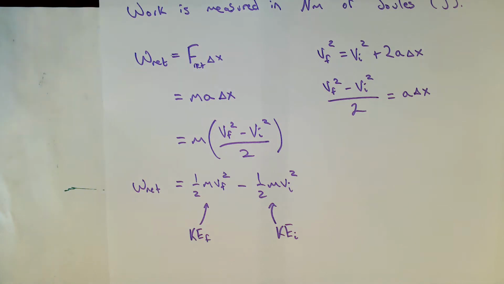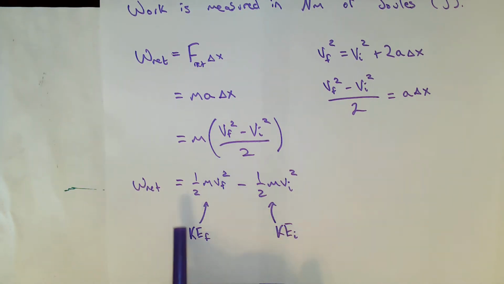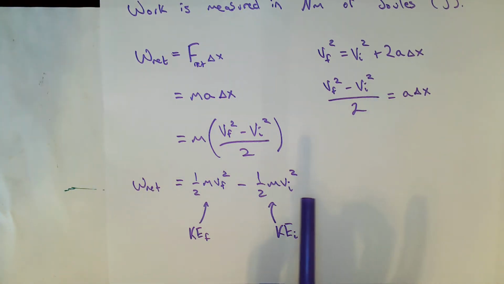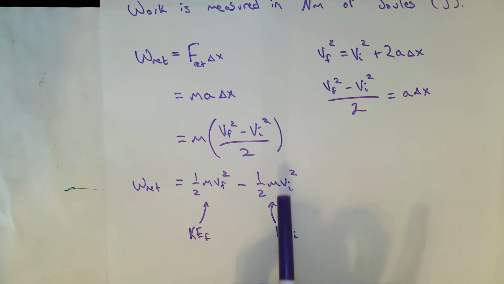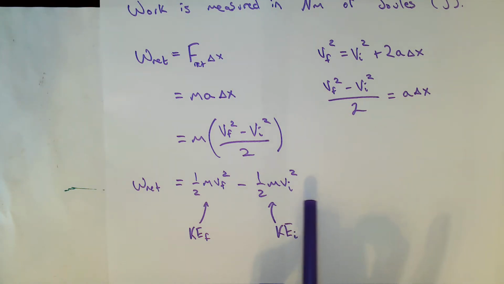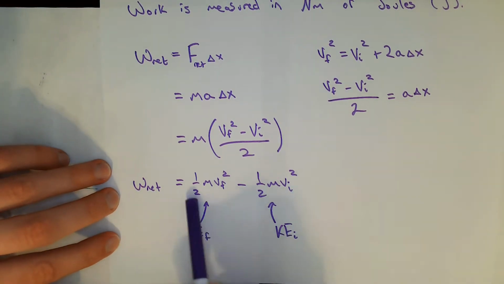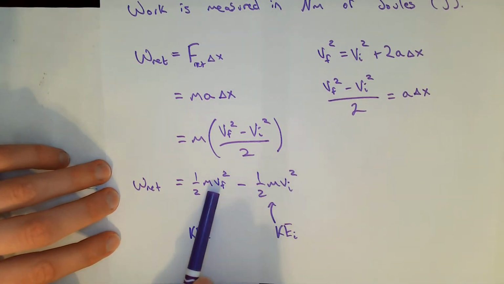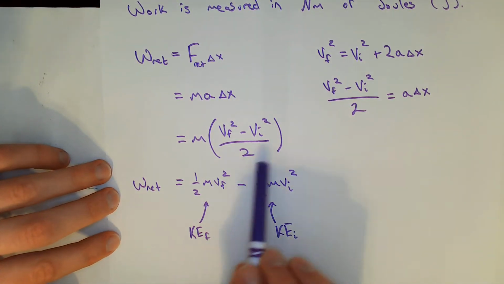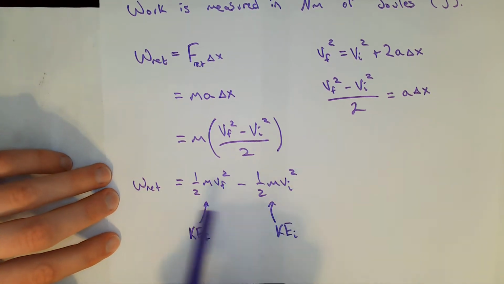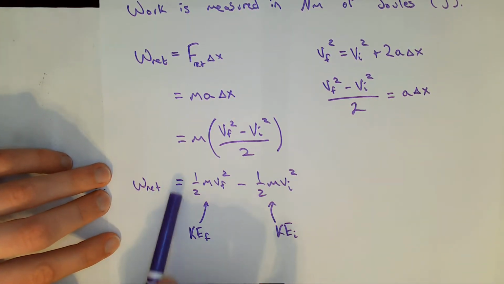And since work is a measure of how much energy is given to an object, then if I take the difference of the final kinetic energy due to a final speed with the initial kinetic energy due to some initial speed, then overall that difference should give me the overall work.